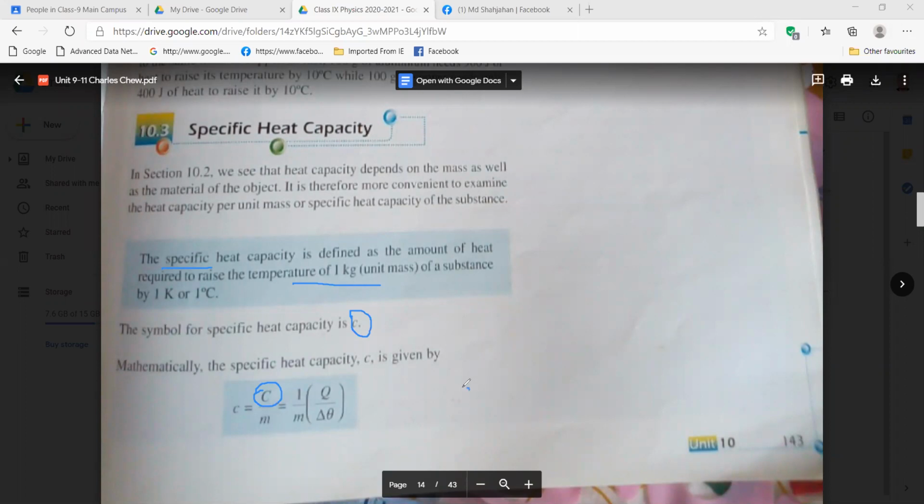We write it directly this way: small c equals Q. This is Q.